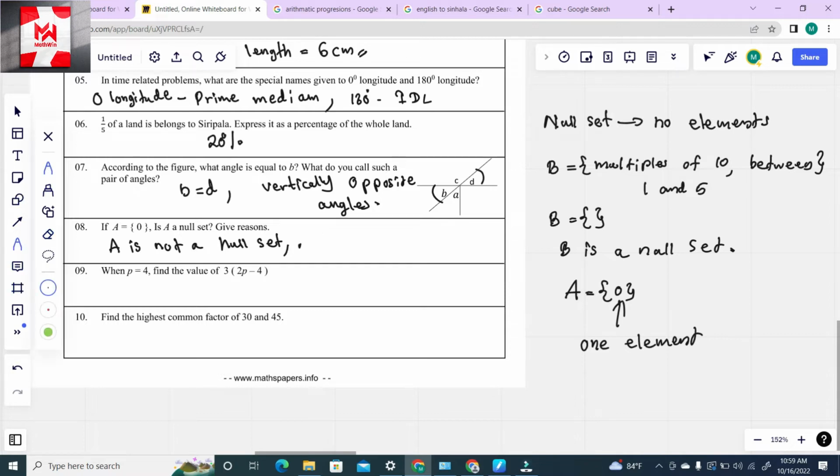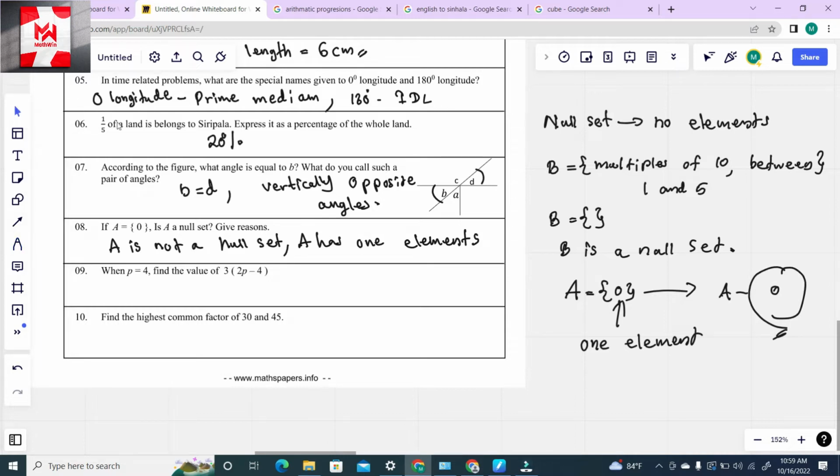The reason is A has one element, because if a set has no elements, we call that a null set, but A has an element. If we write A as a Venn diagram, this is 0, one element is here.